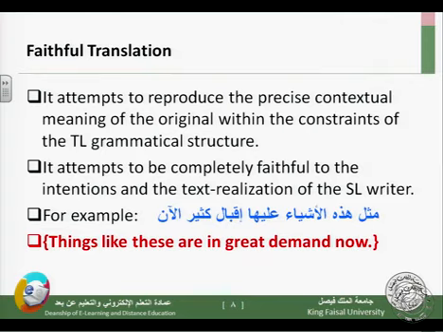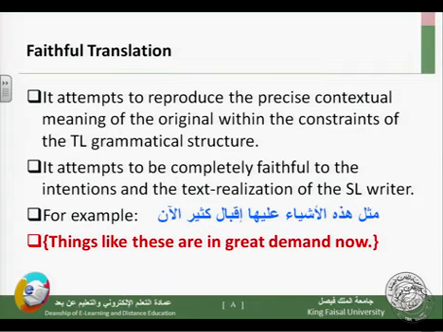To the intentions and the text realized by the source language writer. In other words, you have the text in Arabic, so please be faithful to its meaning. Don't change the meaning of the text. And try to understand the intentions of the writer. Okay? So you need to be really faithful.